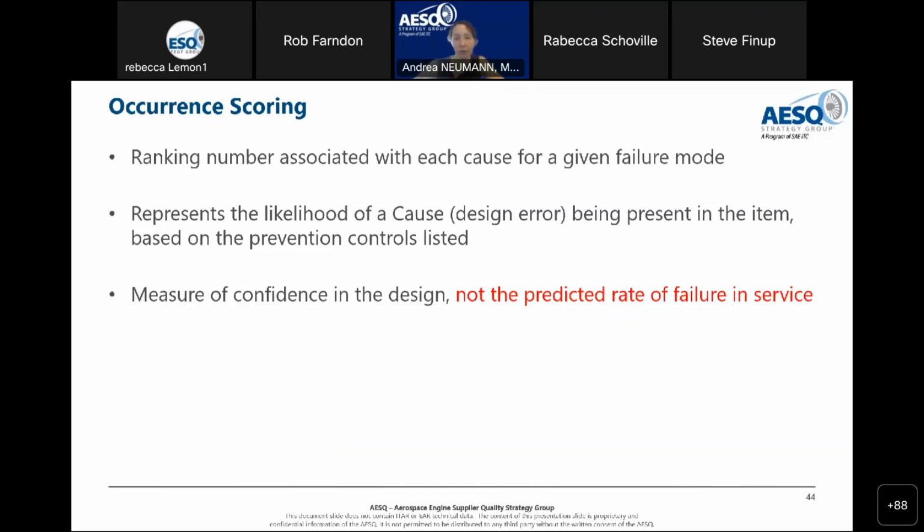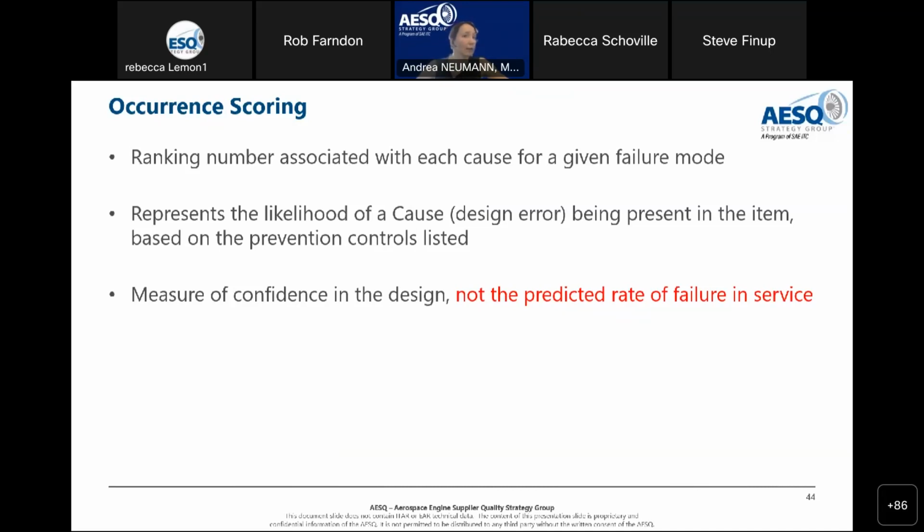When you can be sure that with these prevention controls the cause is prevented, as the word says, the occurrence scoring will be low. This does not mean that you define that the failure will not happen in service, because the rating is always to define that you are sure that the cause is not happening in the design, so that you did not implement the failure in the design.